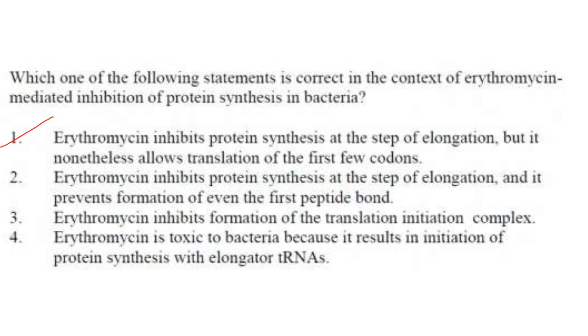Erythromycin inhibits formation of the translation initiation complex. It is not initiation, erythromycin binds at the elongation time, not at initiation time. So erythromycin is toxic to bacteria because it results in inhibition of initiation. Again, it is not initiation, it is elongation. So only one is the correct answer. So the answer is option 1.